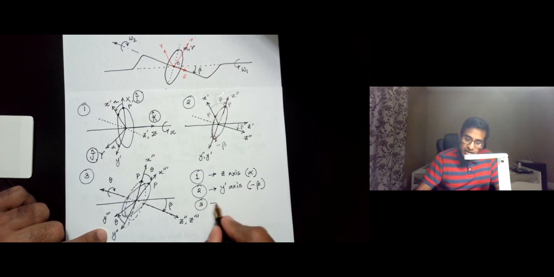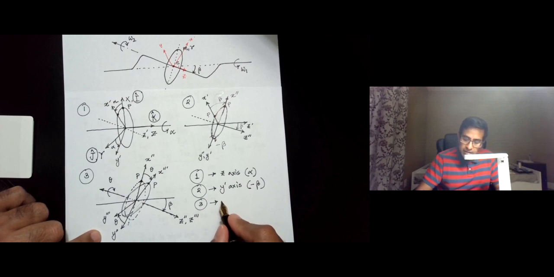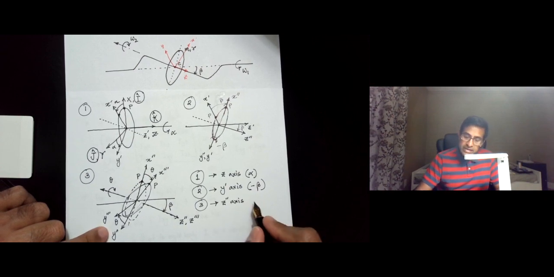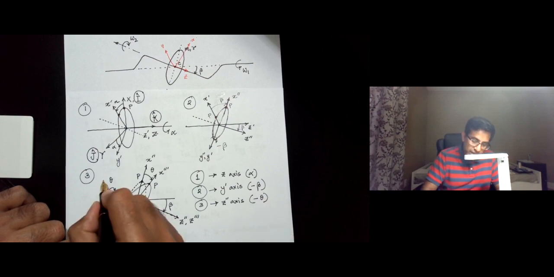And 3 is about the z double prime axis, which is the newest body fixed z-axis, and it is by an angle of negative theta. I should put negative theta here.